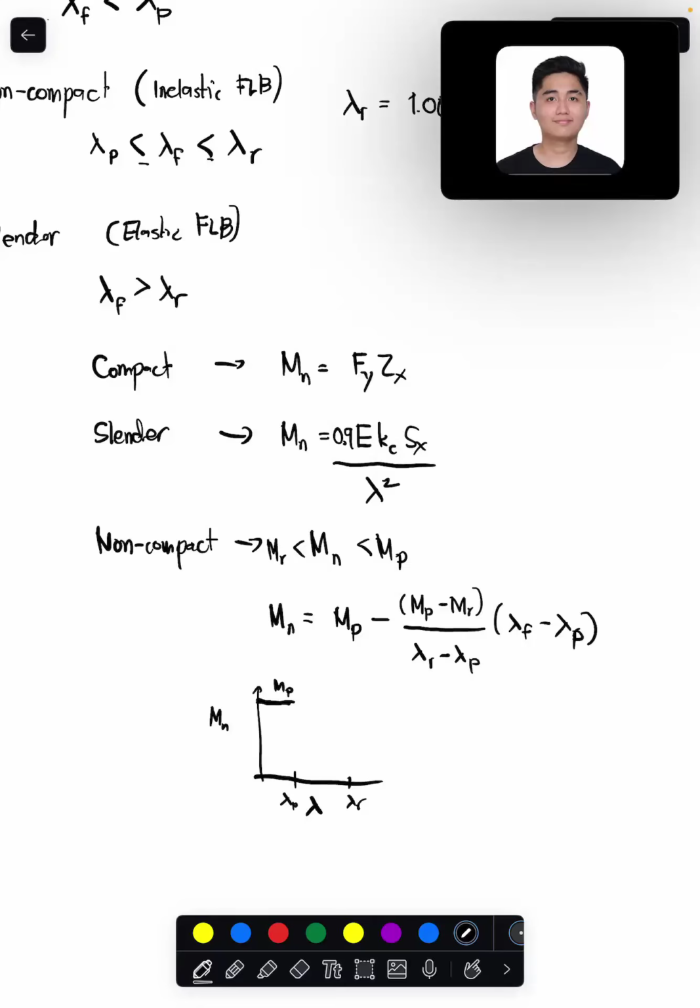Tapos sa lambda R, at the exact moment na umabot ka sa lambda R, ang makukuha mo actually dito is si M sub R. Tapos at that point, further on, medyo magiging ganito yung behavior niya pag elastic buckling. Between those two, mag-interpolate ka lang. So ito yung behavior ng flanges mo. Ay ng beam mo.